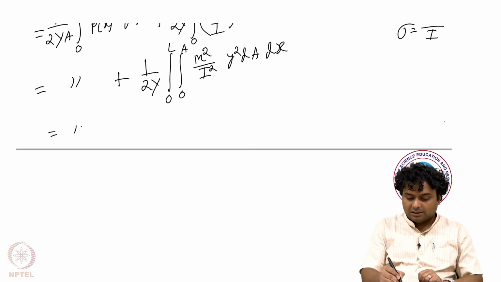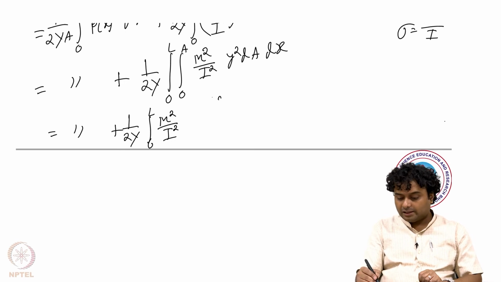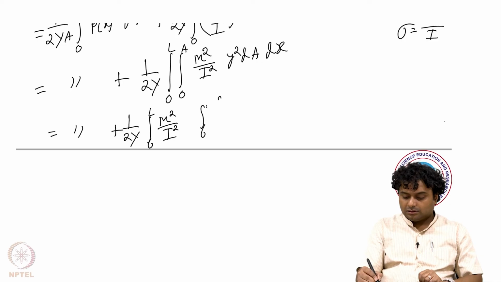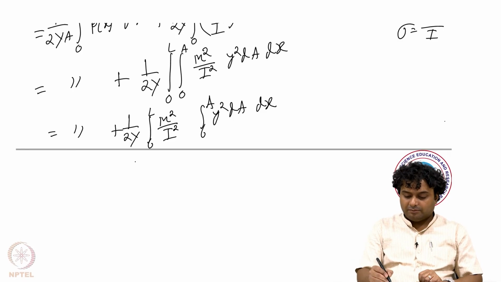Now this part is again the same, and this part is 1 by 2Y, again 0 to L. I can write M square by I square outside, and then we can write that 0 to A y square dA into dx. This 0 to A y square dA integration is the area moment of inertia, right. So this will give me I.